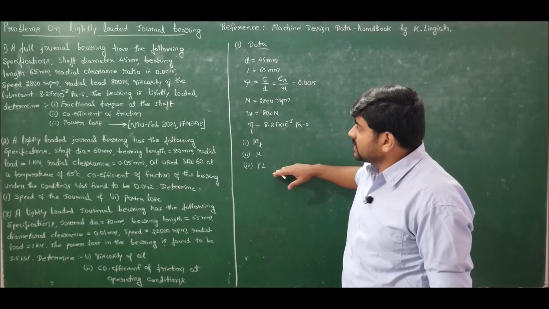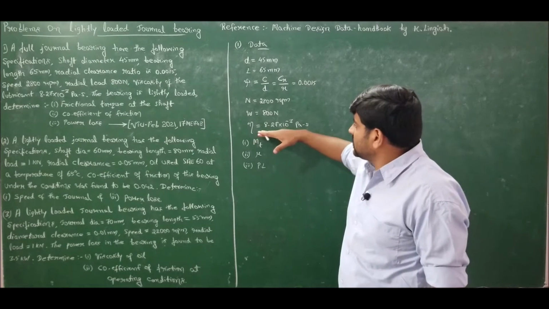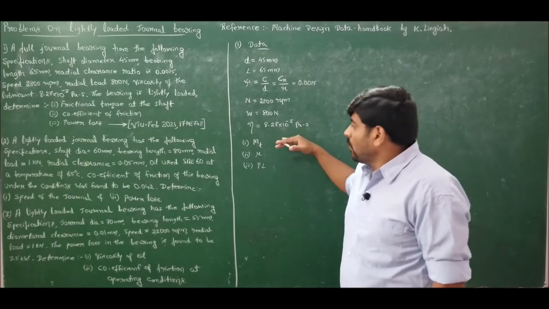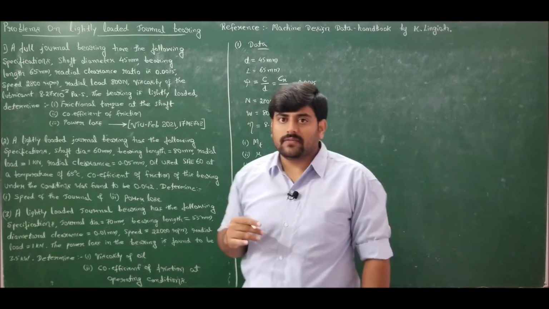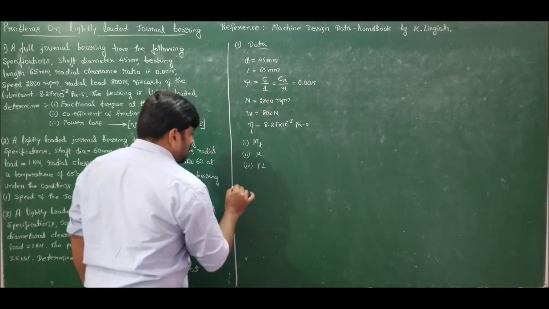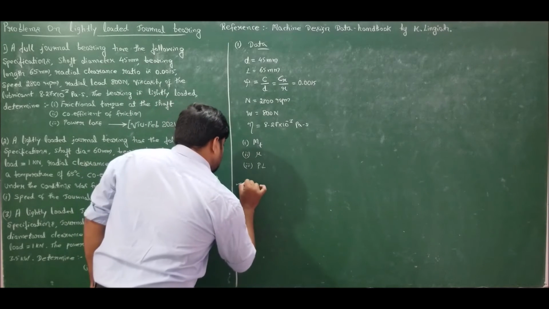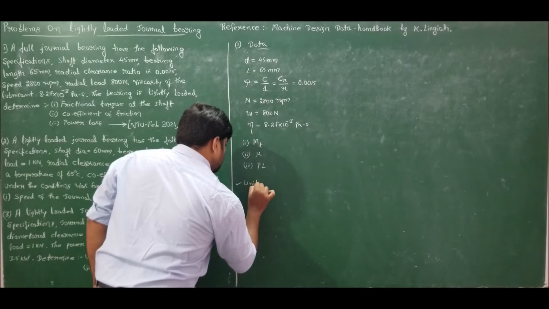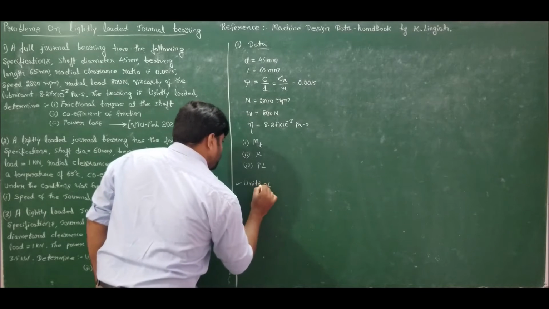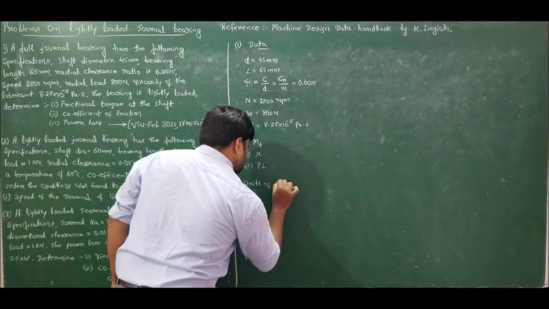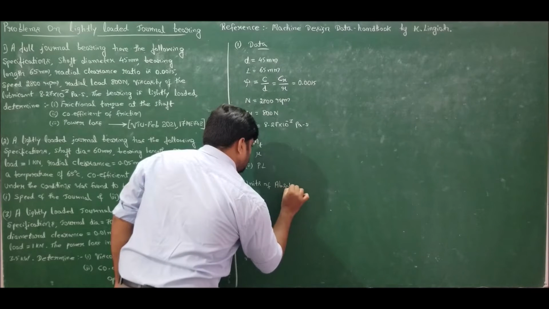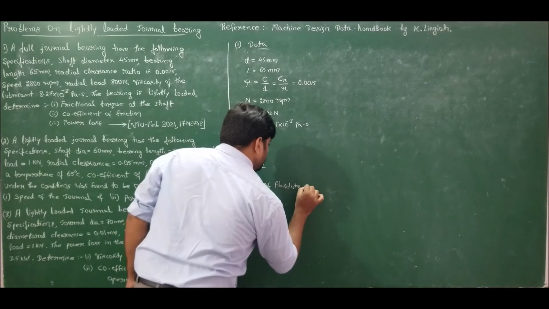One more important note is that the unit of viscosity should always be in pascal second. The other possible units he can give us, to confuse us, are units of absolute or dynamic viscosity.